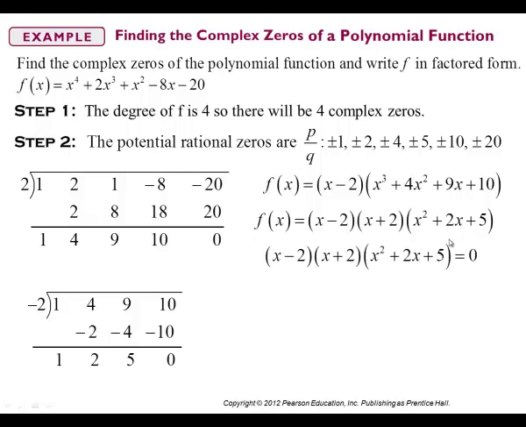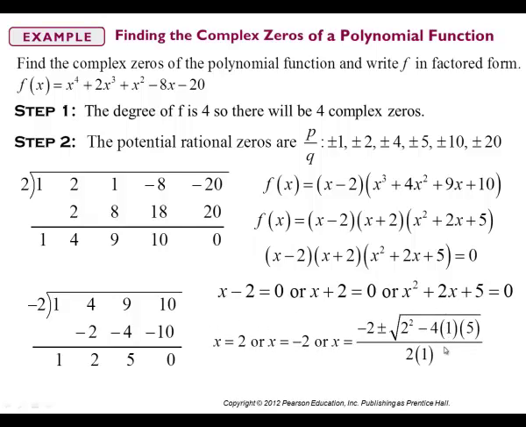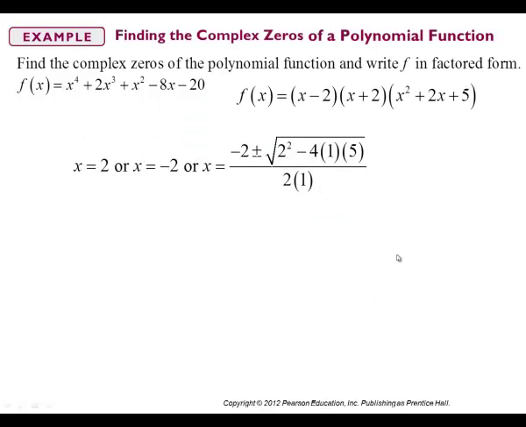So we go ahead and apply that, set it equal to 0, apply it. And so we get x minus 2 equals 0, x plus 2 equals 0, and then our x squared plus 2x plus 5. Can't factor it, so we have to use the quadratic formula. And so here's our a, b, and c, and our quadratic formula. Well, the problem here is we're going to have a 4 here, right, and a negative 20 here.